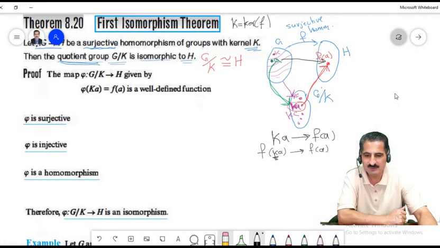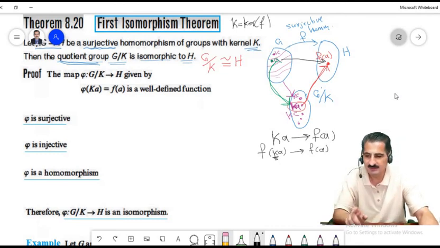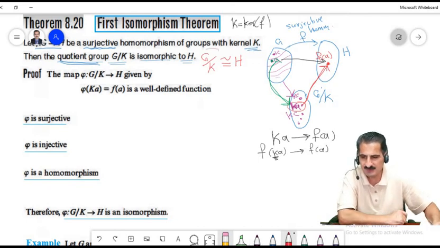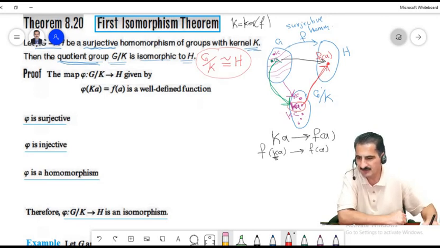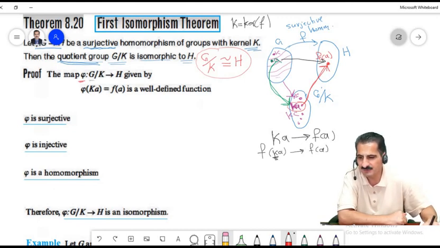Okay, so this is a diagram that helps you to understand the first isomorphism theorem. Now our goal here is to prove this isomorphism. So how do we prove that two groups are isomorphic? We just define a map between them and show it is an isomorphism. So it is from G over K to H. How do we define it?